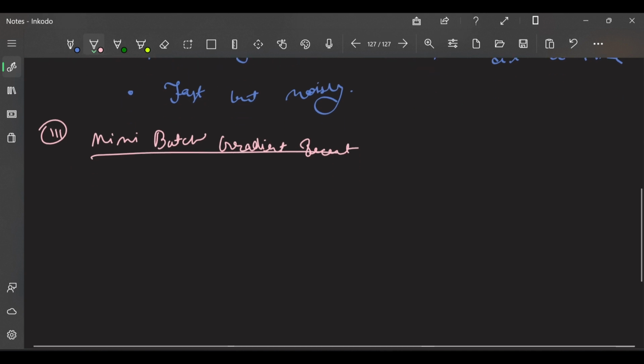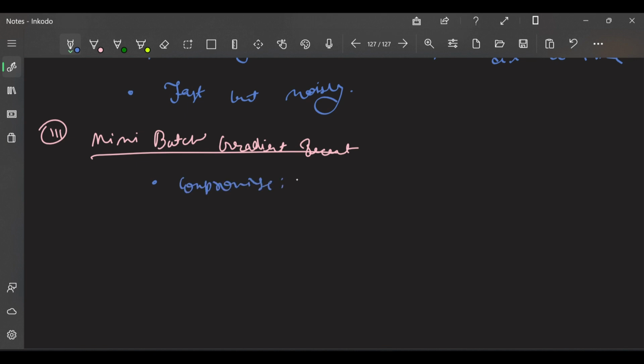In this, there are two points I want to mention: it is a compromise that uses small random batches, and it is widely used in deep learning.